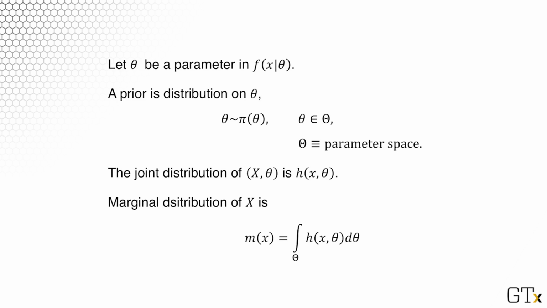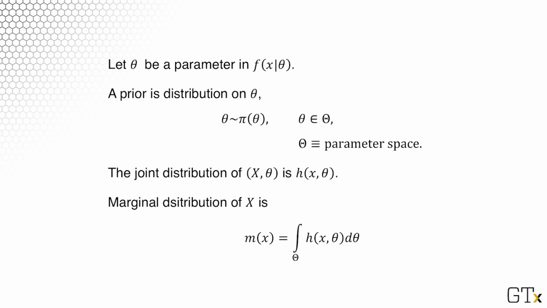Now, the marginal distribution of x is the distribution of x alone when you account for theta. So simply, you take the joint distribution h of x, theta, and integrate with respect to theta, and the integral is over the parameter space. That is m of x. We saw in some of the last lectures how to find conditional distributions from joint distributions, and how to find marginal distributions from joint distributions.